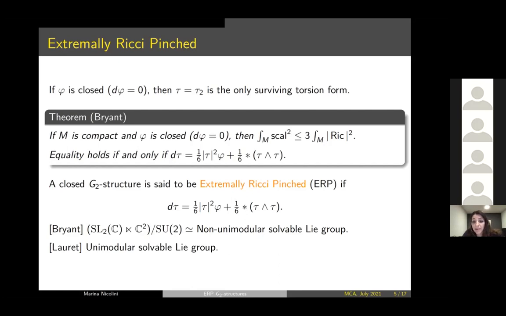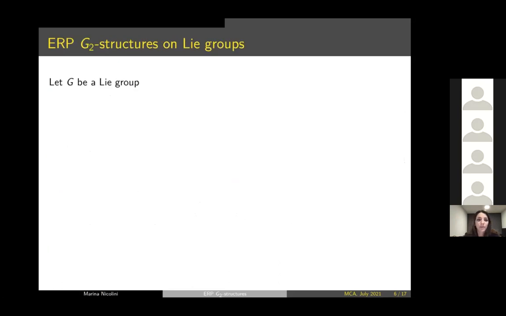Since we have these two examples and we have them on Lie groups, we can study the problem of finding more examples in the Lie group situation. So let G be a Lie group; we are going to consider a Lie group G instead of a differentiable manifold M, with a Lie algebra with basis e1 until e7.